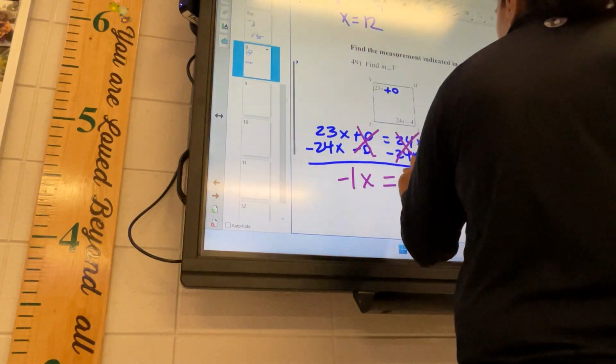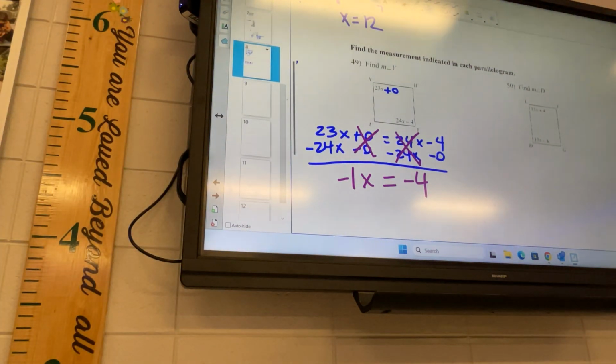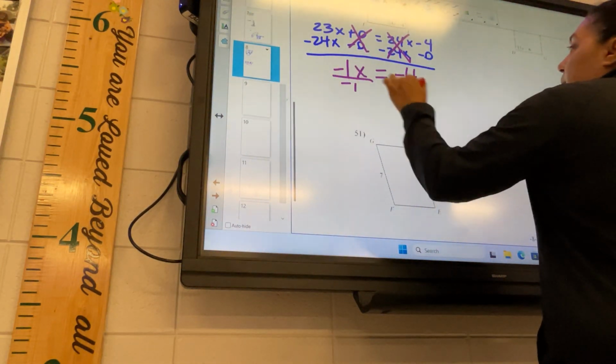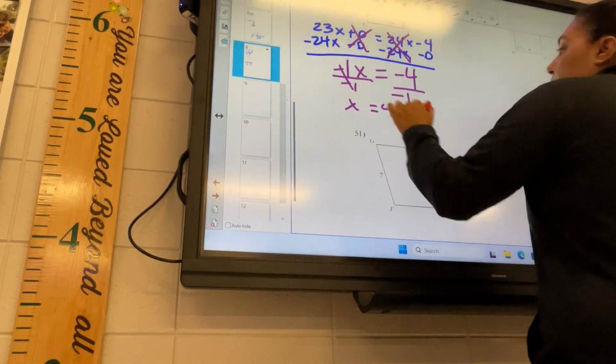Negative 4 minus 0 is negative 4. Then what needs to happen? Divide both sides by negative 1. So we get x equals 4.